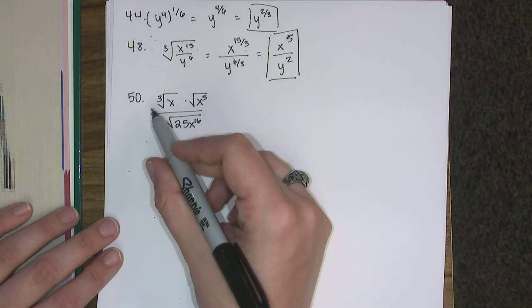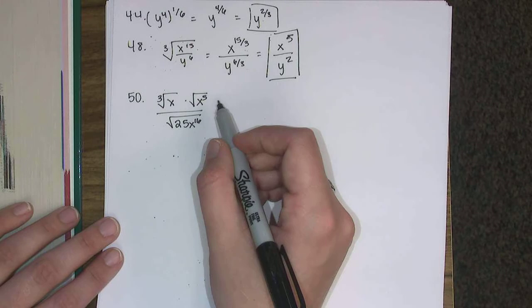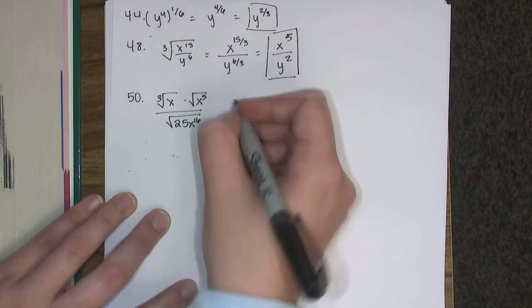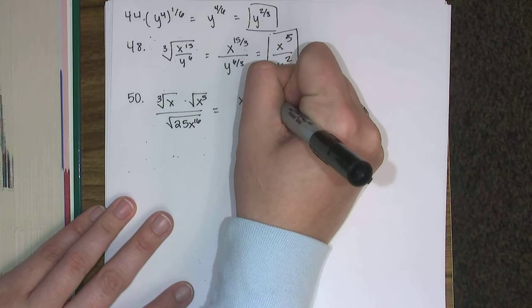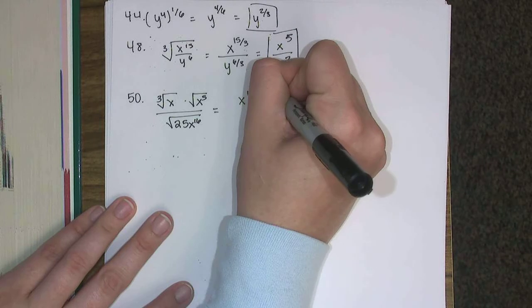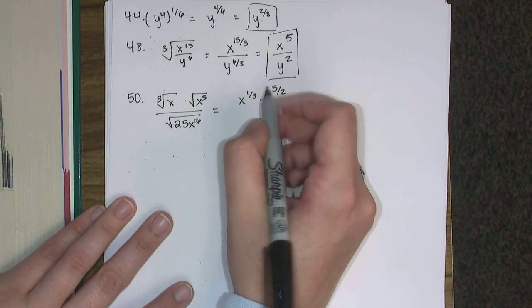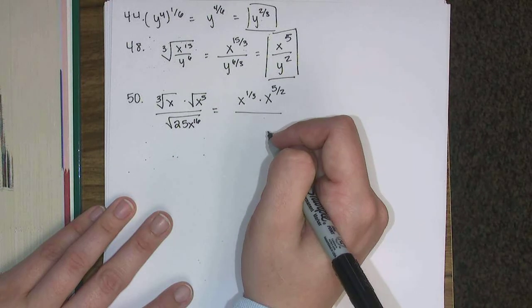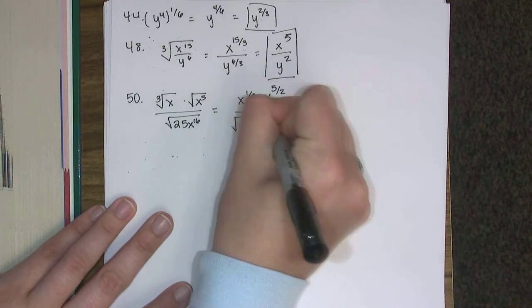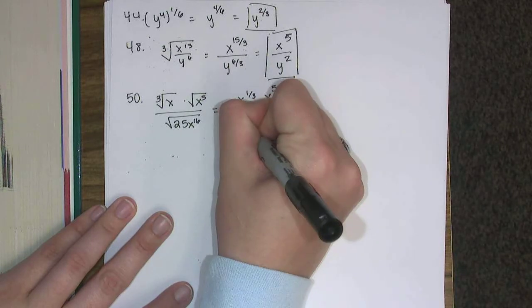So x to the 1/3 times x to the 5/2, which means I'm adding their exponents, so I'm going to have to get a common denominator. On the bottom here, I'm going to separate this stuff out in groups. Obviously 25 is 5 times 5, and there are going to be 16 x's. I'm going to write 8 groups of x squared to make my life a little easier.